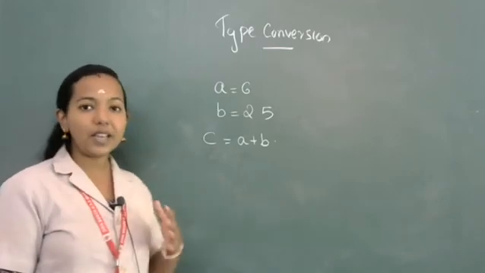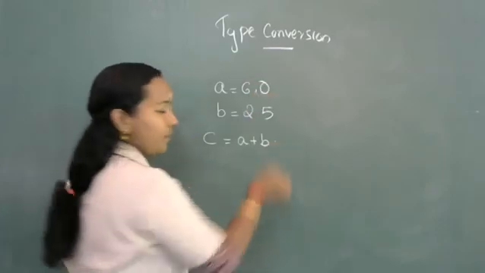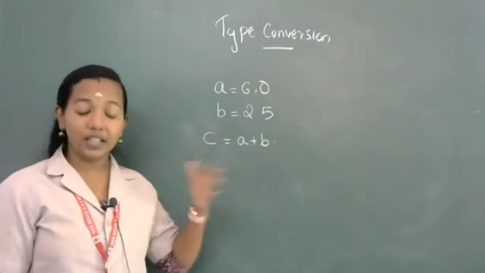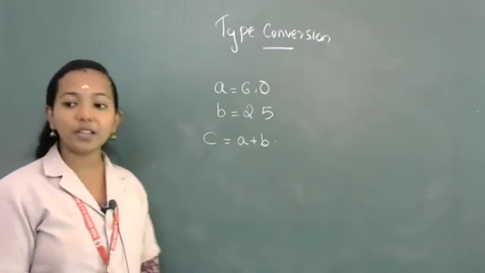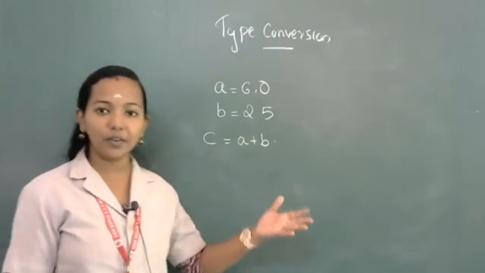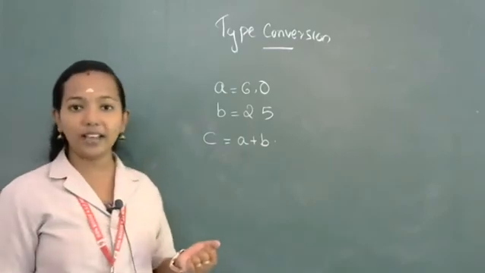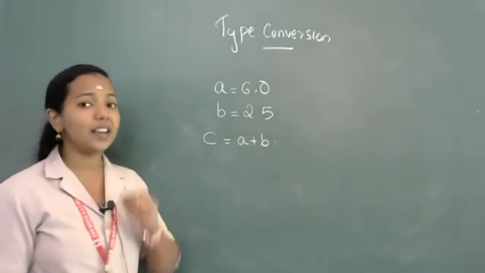So automatically the compiler will convert A into a fractional value. It will convert 6 into 6.0. 6.0 means it is a fractional number. So automatically it converts integer into fractional. This is known as type conversion.